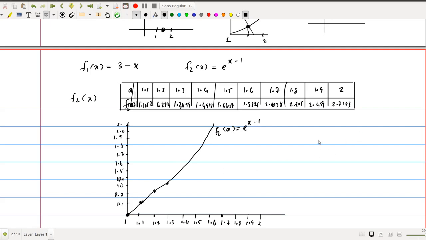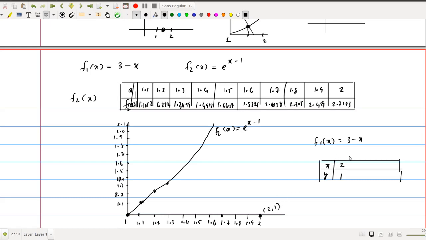And finally, we draw the graph for f1 of x, that is 3 minus x. In order to get the graph of this, you need to worry about only two points. At the point 2 we have 3 minus 2, that is 1, so that is the point 2 comma 1.